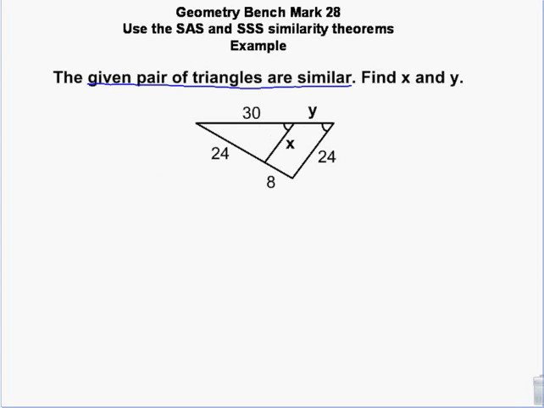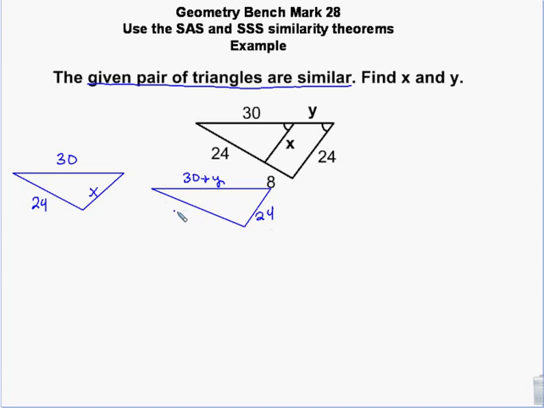Okay. And we're going to use the same thing we were doing before. I'm going to go ahead and break this into two triangles. I have the smaller triangle and the larger triangle. The small one is 30, 24, and x. The large one is 30 plus y, 24, and 24 plus 8, which is 32.